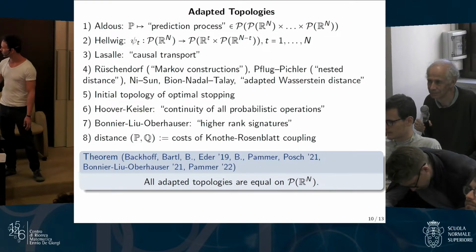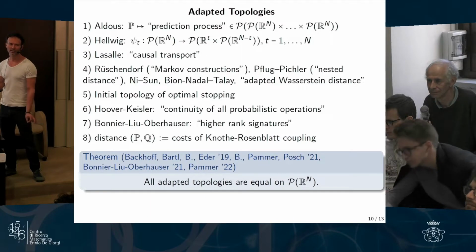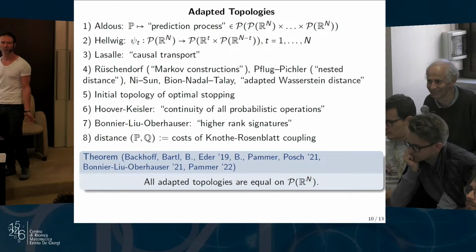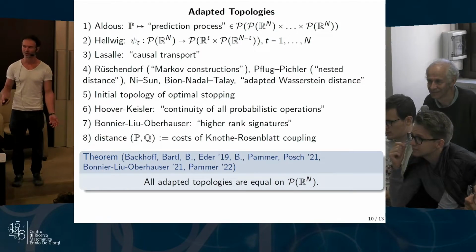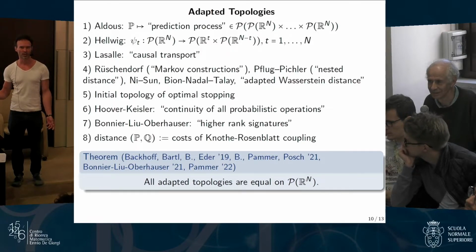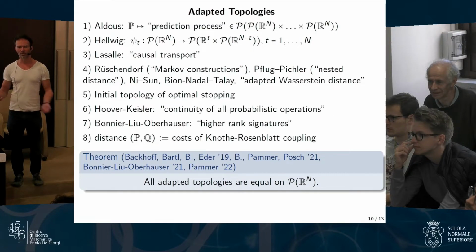Also, Hoover-Keisler, they are logicians, and they have a very original viewpoint on the theory of stochastic processes. They really discuss what we are doing as probabilists, what the operations of the probabilistic language are, and their topology makes everything continuous which you can express in such a probabilistic language.